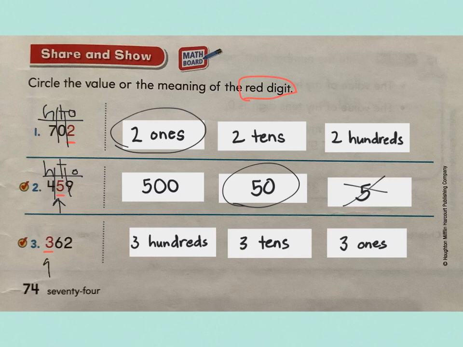How much is this 3 worth? Remember, you can draw your place value chart. Even though it's written as 3, it's worth much more than that because it's in the hundreds place. So this is 300 or 300s. Make sure you circled these in your book as well.